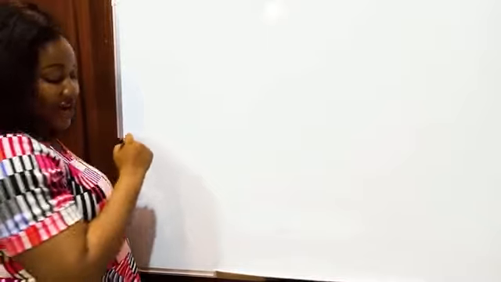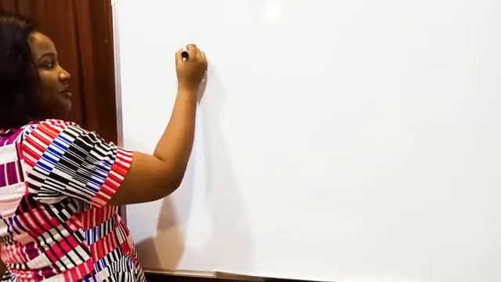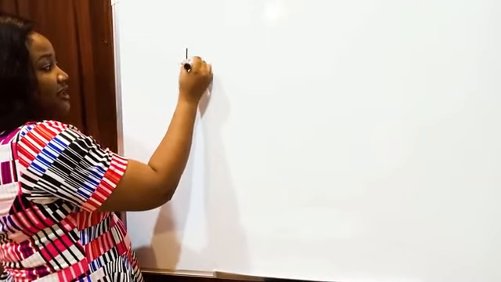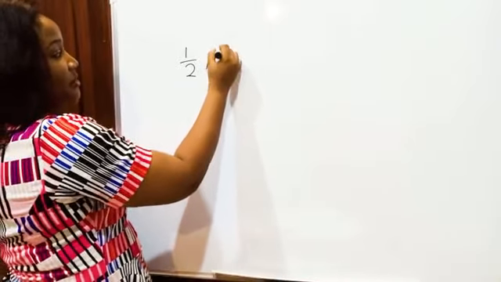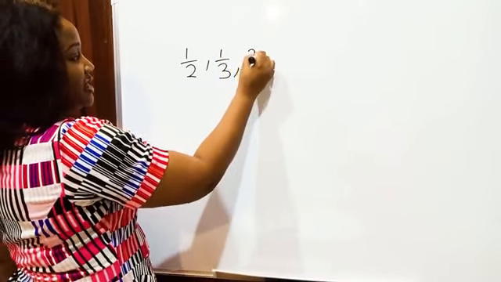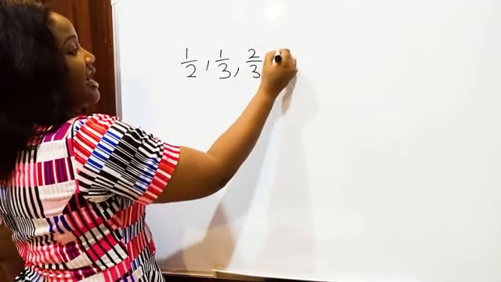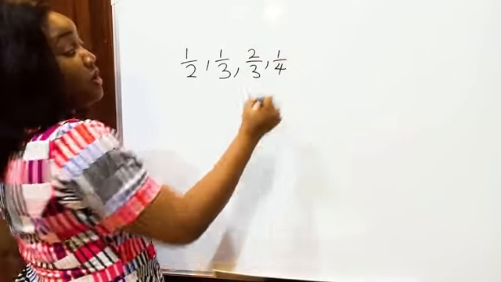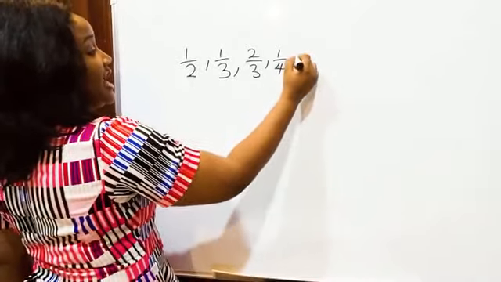So other common fractions are, we talked about 1 over 2, we talked about 1 over 3, we even talked about 2 over 3 as well. We can have 1 over 4, which is called a quarter.